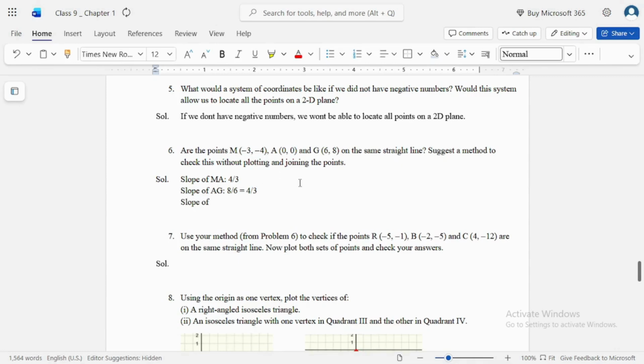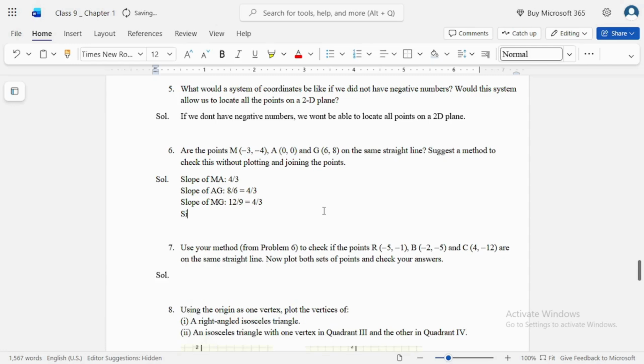M and G. Slope of MG. So 8 minus minus 4 is 12, divided by 6 minus minus 3, which is 9. If we simplify 12 by 9, we can divide the numerator and denominator by 3, right? So it will again be 4 by 3.